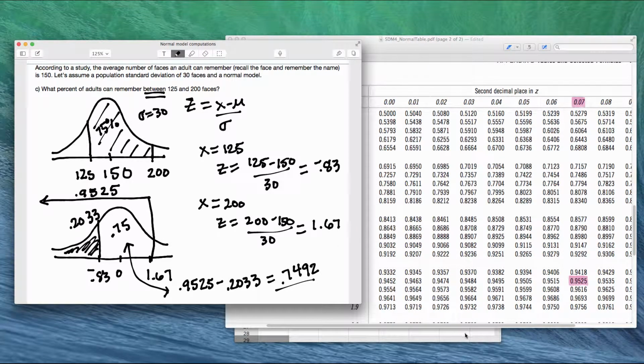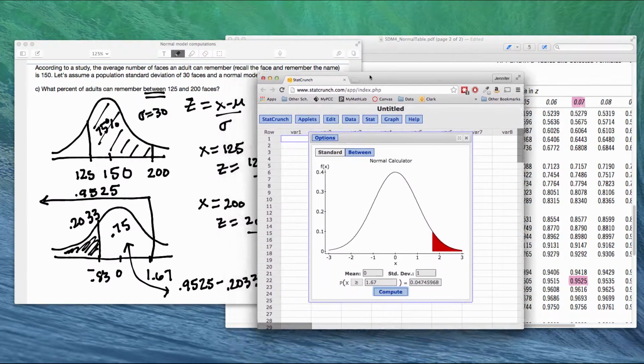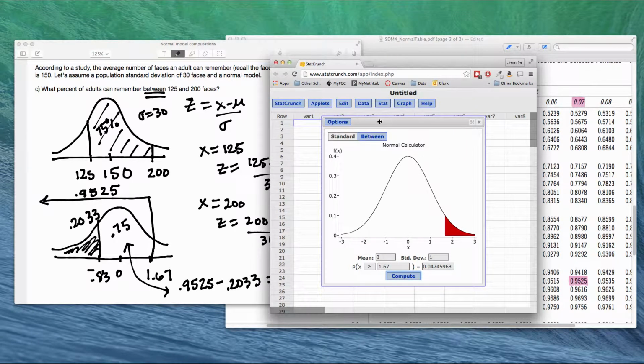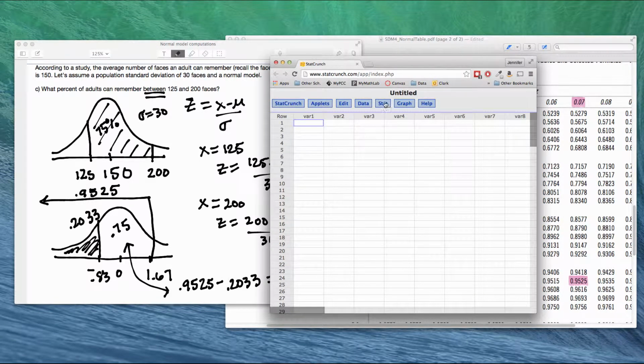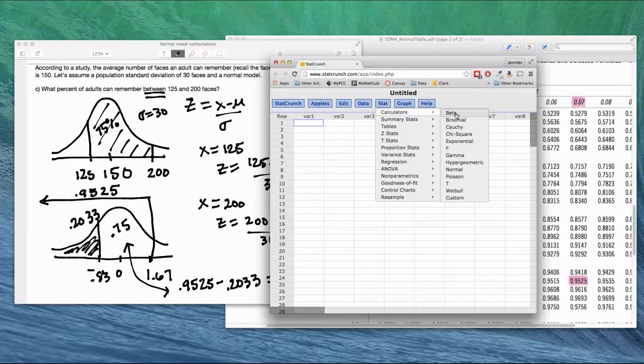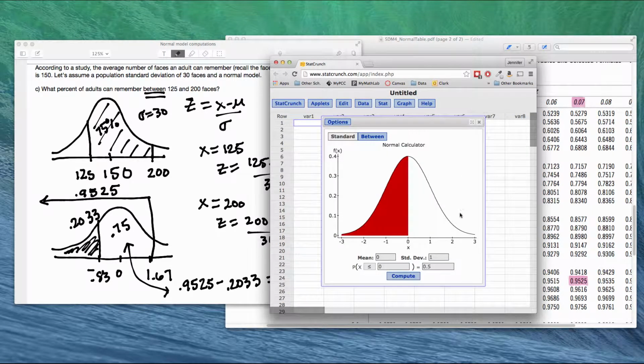Now let's go to StatCrunch and do this problem. That was working by hand. StatCrunch will give us a similar answer. So with StatCrunch, again, we get to the calculator by going to Stat, Calculators, Normal. We want to do a between problem. So we're going to select between, and this actually saves us a little bit of time.